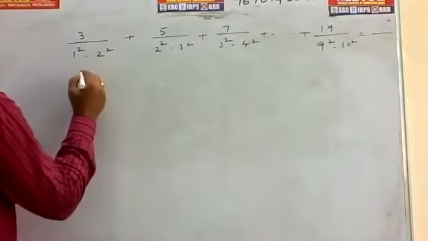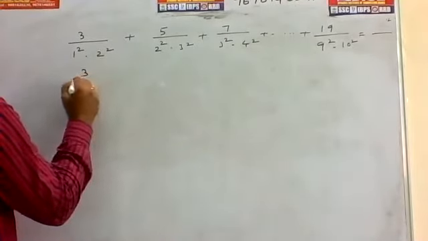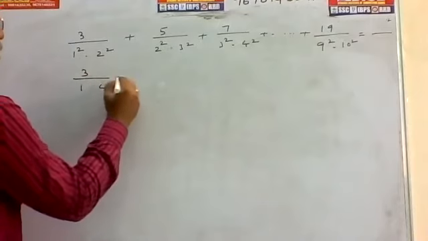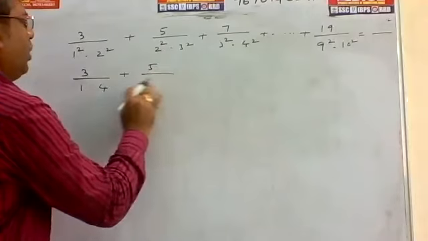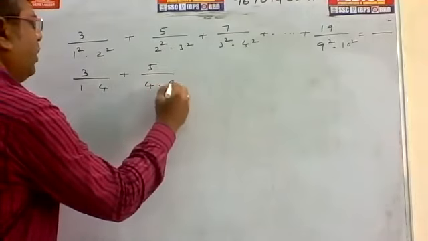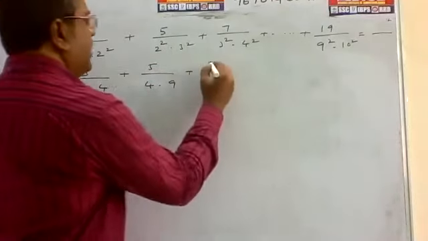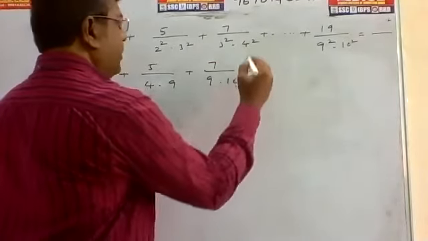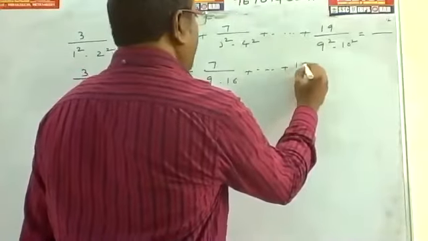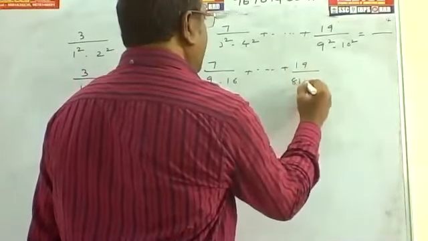So if you split this one, the value becomes 3 by 1 into 4, plus 5 by 4 into 9, plus 7 by 9 into 16, plus so on, 19 by 81 into 100.